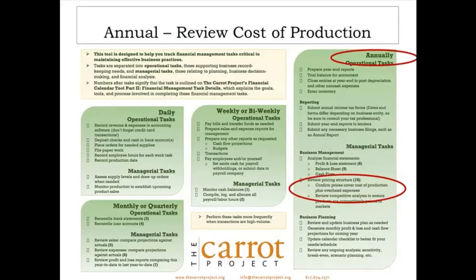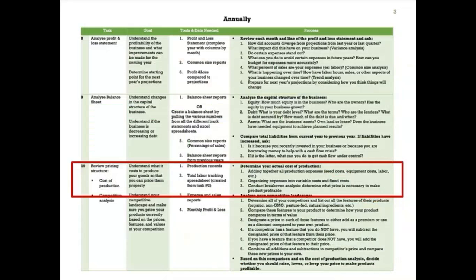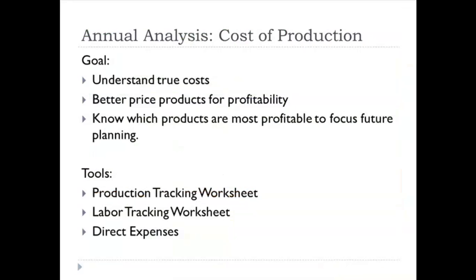And you'll see under the daily tasks, under operational tasks, second from the bottom, record employee hours for each work task. And under that it says record production data. So this is a pretty bland task under operational tasks, but it's building up to understanding your cost of production, which is a managerial task.